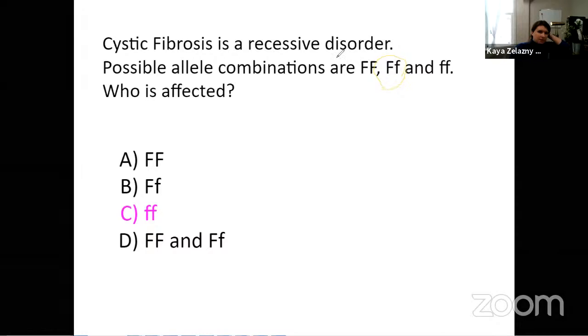So they don't have the disease, but because they have one copy of this recessive allele, their children may have the disease, depending on what the other parent looks like. So when we're thinking about recessive diseases, people who are affected are homozygous recessive, but we will have heterozygotes who are carriers for a disease, despite the fact that they don't have the disease themselves.